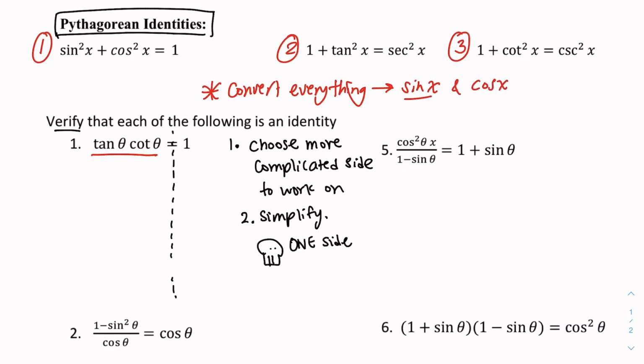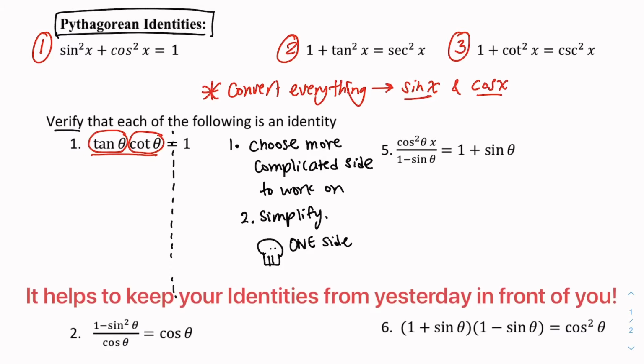If it already says sine or cosine, you can leave it alone, but otherwise, we want to convert it. So this time I have 2 terms, and I'll convert both of them. Tangent is sine theta over cosine theta. Cotangent is cosine theta over sine theta. Don't change anything on the right side, just bring down the equals 1.